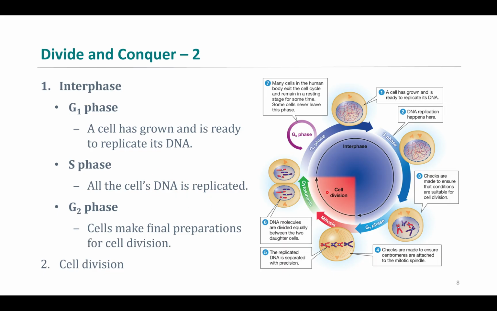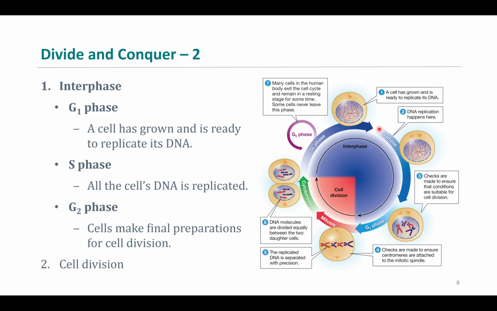Now let's look at this cell cycle cartoon. Right here, this is the start. Here the new cell is starting. This is the G1 phase, where the cell does whatever function it is supposed to do. G1 is growing, increasing the amount of material inside the cell.